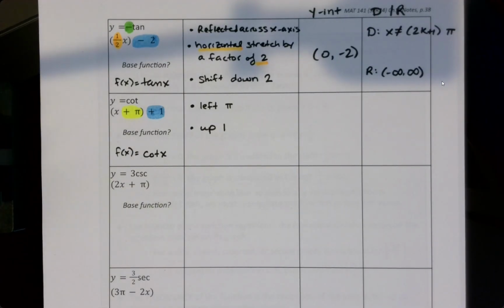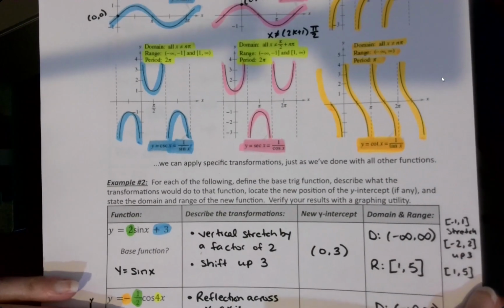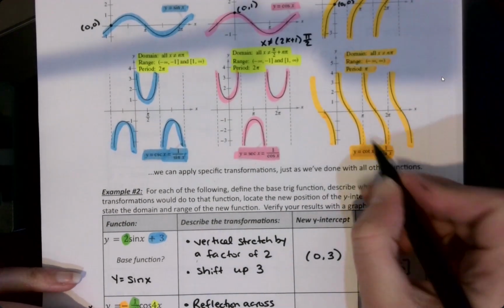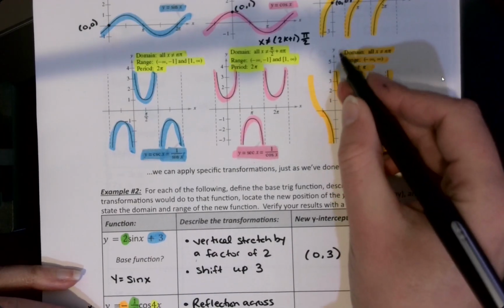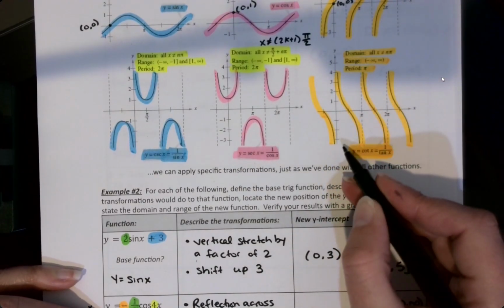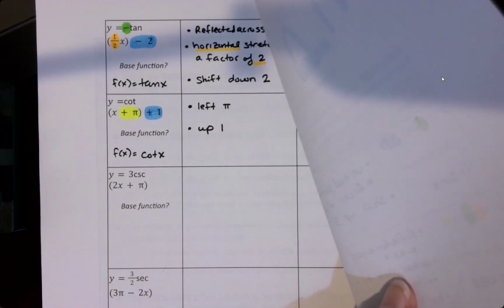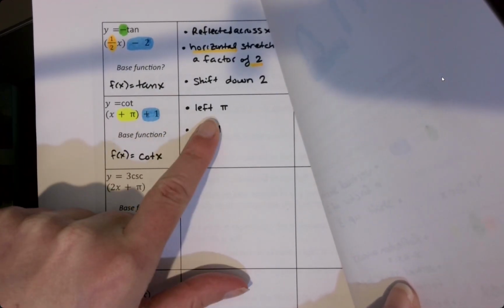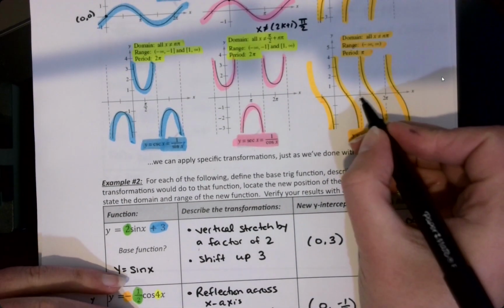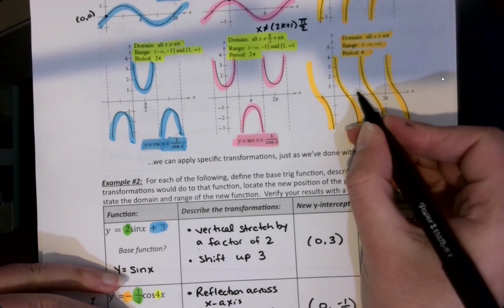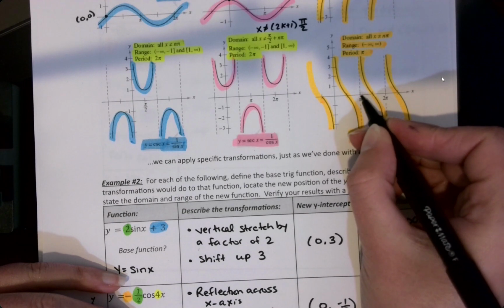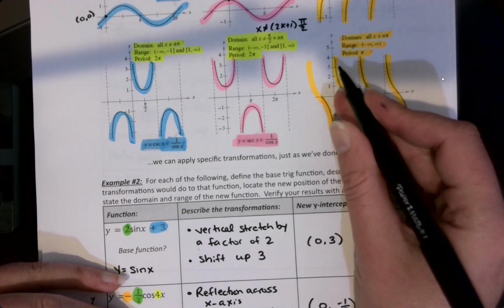All right, back over to our parent function. Notice that on cotangent, our parent function did not have a y-intercept. However, if we take a point and shift it to the left by pi, this is where pi is. So whatever's at pi is going to shift to the left and become at this intercept.